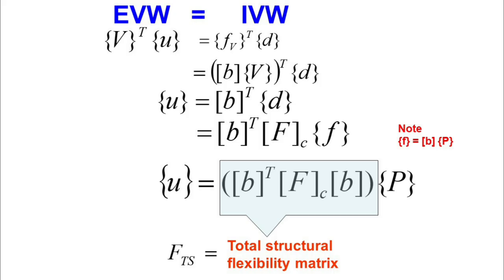By this substitution, we get the following relationship, that is the vector u is given by B transpose into Fc into B and multiplied by the P vector.